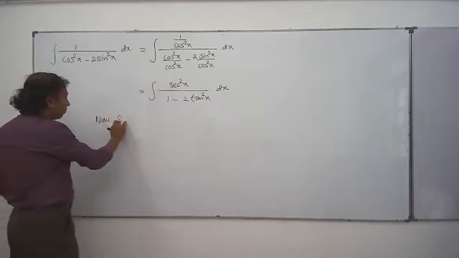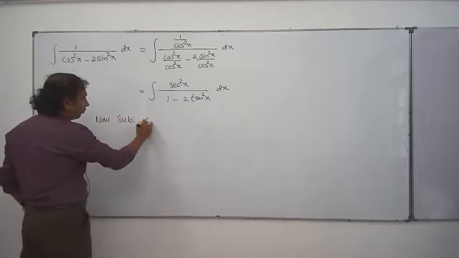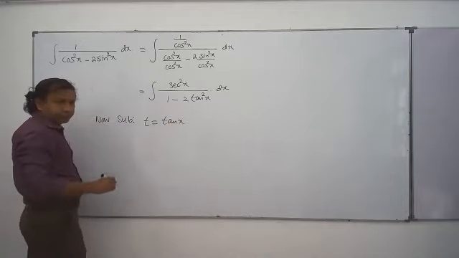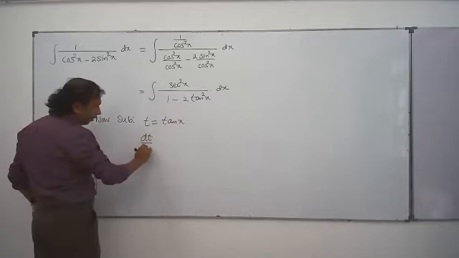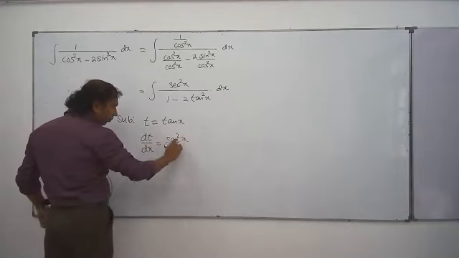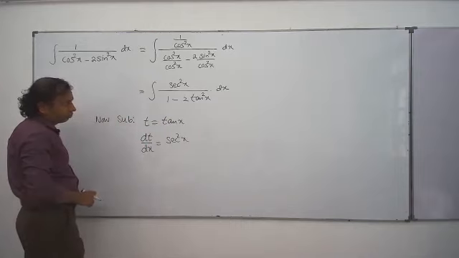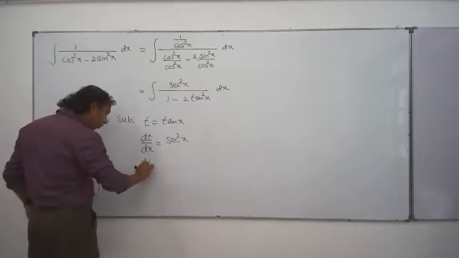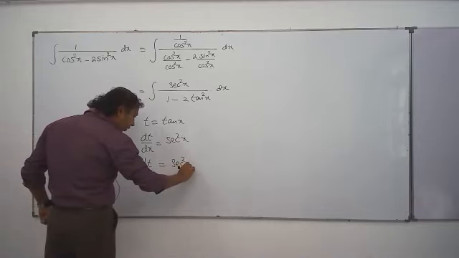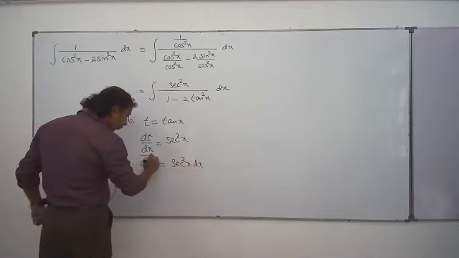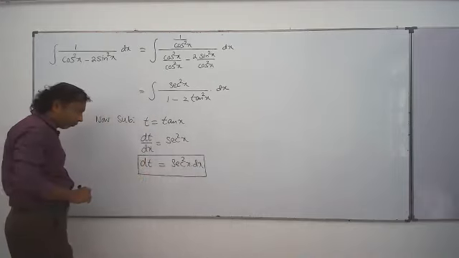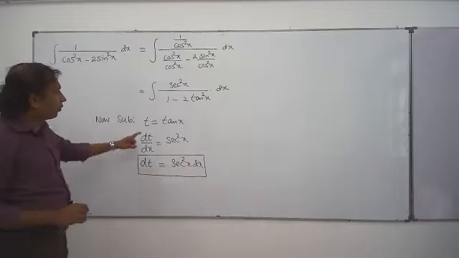Now the substitution t equals tan x. What do you get there? Dt by dx equals tan x derivative is sec squared x. Then use the cross multiplication by this dx. We get sec squared x dx. Now come to this.